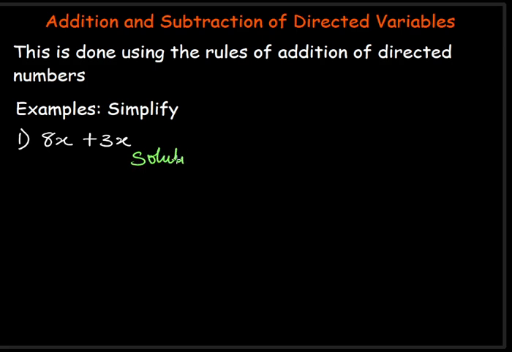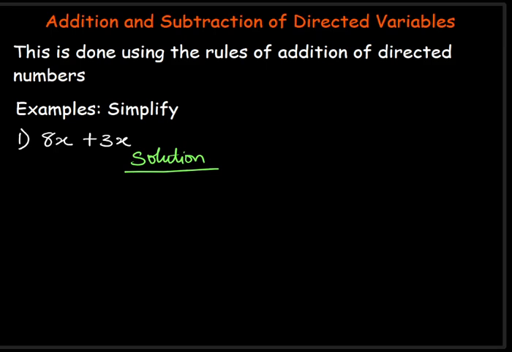Before we look at that, the principle we are looking at is that this is done using the rules of addition of directed numbers. So what rule do we use? The rules of addition of directed numbers.